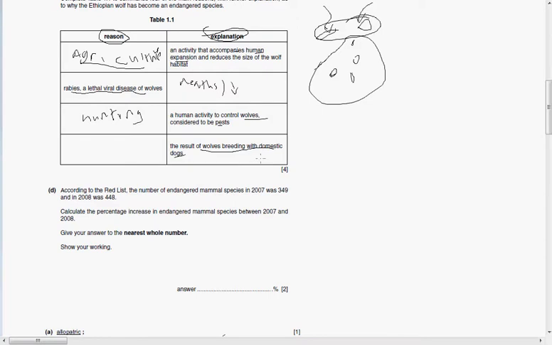We know that when wolves and dogs interbreed, we get a dog-wolf hybrid, right? We get a hybrid, right? So what happens if we get hybridization?